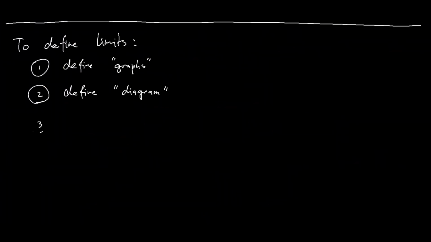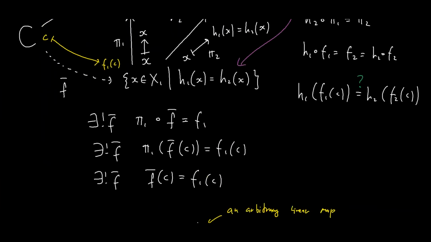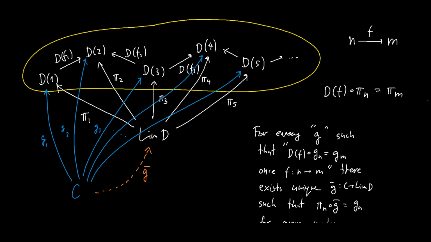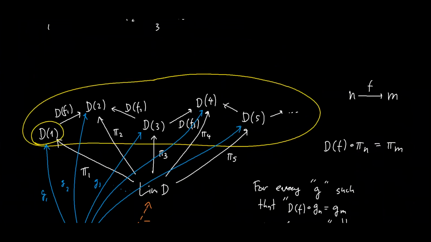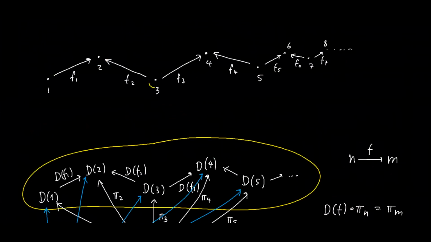Then the third thing we need to define, a term that we haven't introduced yet, a cone. So a cone will be basically this blue data. When you've got one object here and you've got a bunch of arrows going into the values of your diagram at the vertices of your graph.